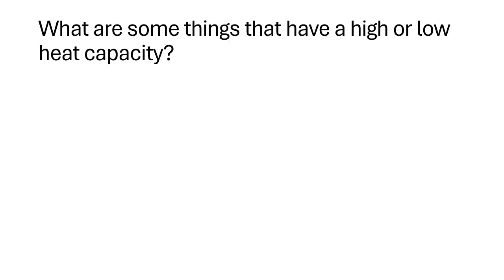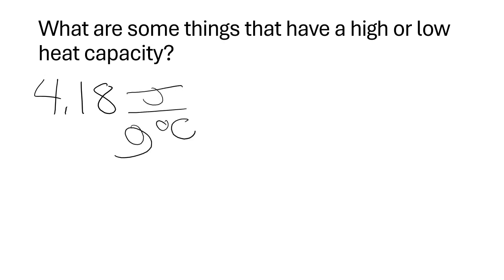So what are some things that have a high or low heat capacity? Think of water. Water is one of the most famous ones with a high heat capacity. So water ends up being 4.18 joules per gram degree Celsius.